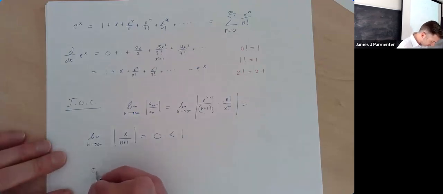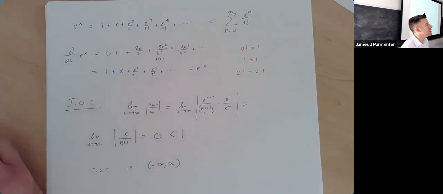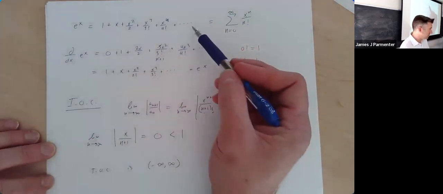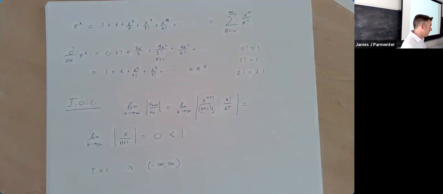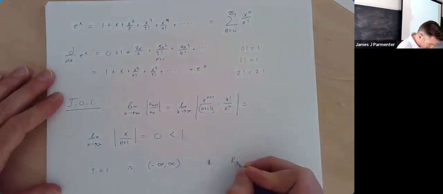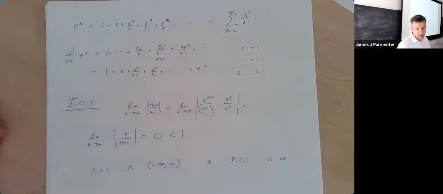So the interval of convergence here is all real numbers, which is really, really lovely. That means that e to the x is equal to this expansion, regardless of what value of x you want to put into it. And the radius of convergence is infinity. So if your interval is all real numbers, your radius is infinity.